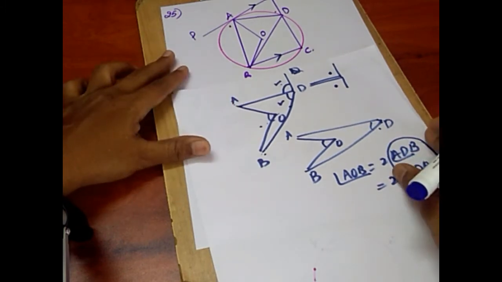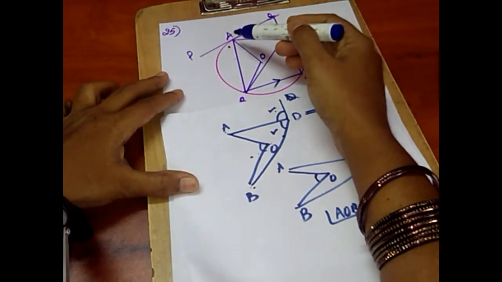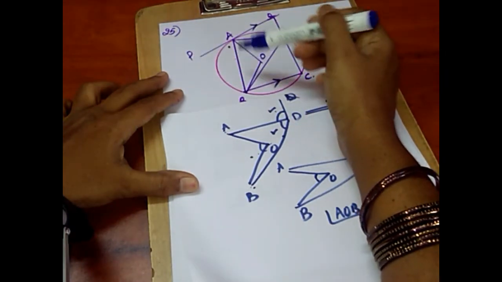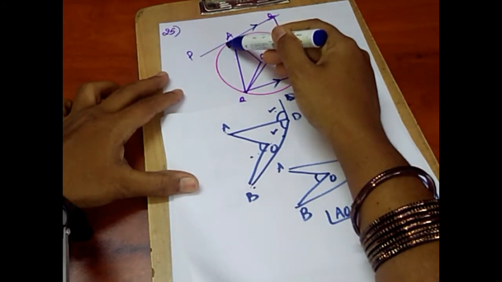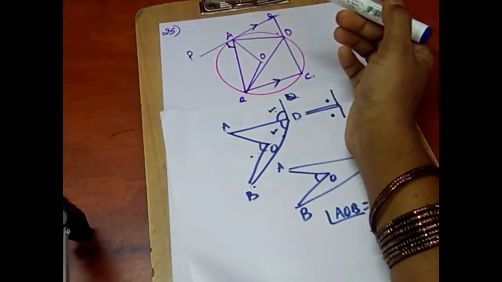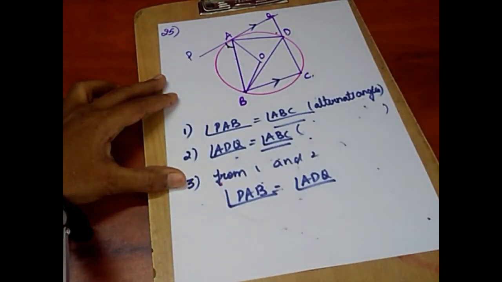So first one is, now at the point PAB. This is the angle at the intersection point of a chord and a tangent. Angle PAB is equal to angle ADB.